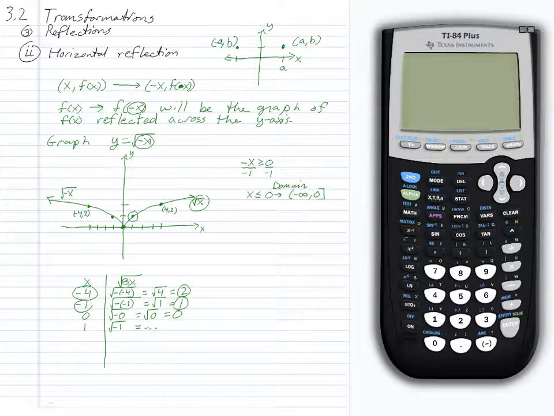Now I have to plug in negative 1 because I have a negative to compensate for. So very similar to the horizontal shifting, that negative now requires us to modify the x value in order to achieve the same y value. In particular, in this case, by making the x value negative, or opposite of what it would normally be.